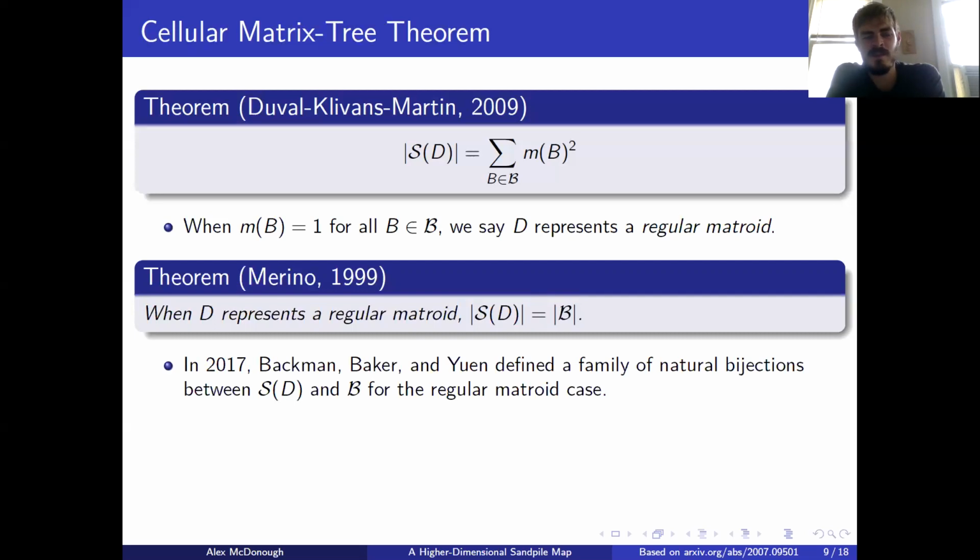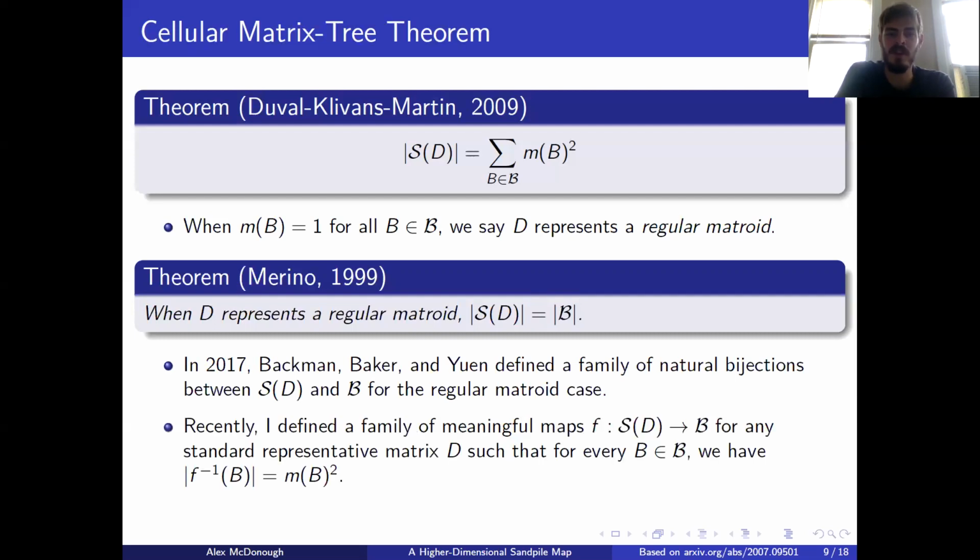So almost 20 years after that, Backman, Baker, and Yuen defined a family of natural bijections between these two sets for the regular matroid case. And essentially what I'm trying to do is generalize this to the case where you don't have a regular matroid.